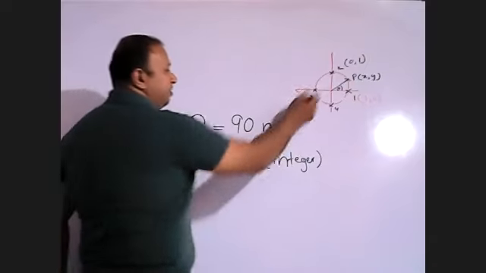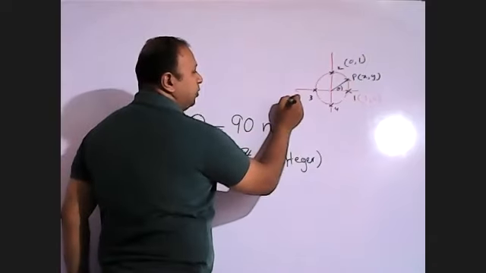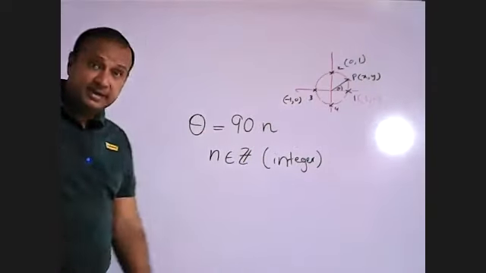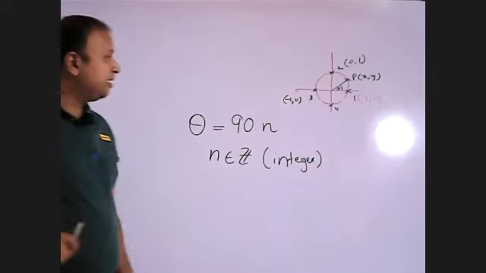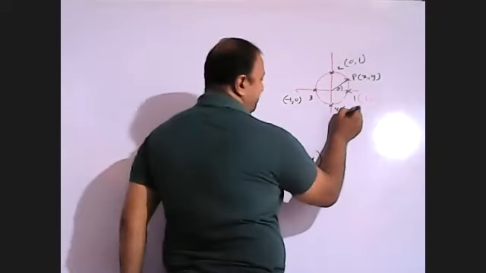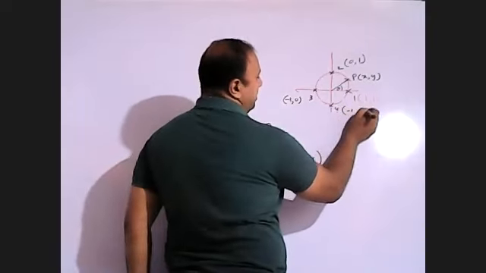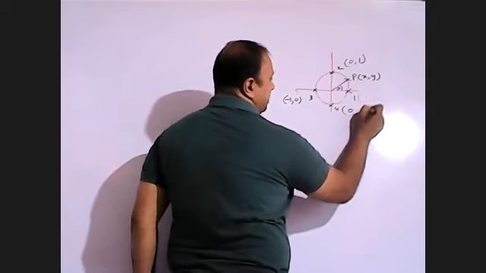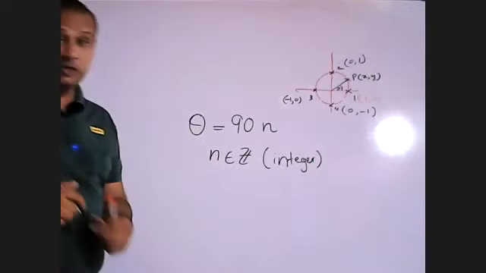If I consider point 3, it is equal to minus 1, 0. X value is minus 1, y value is 0. If I consider point 4, the coordinates are 0, minus 1. X value is 0, y value is minus 1.